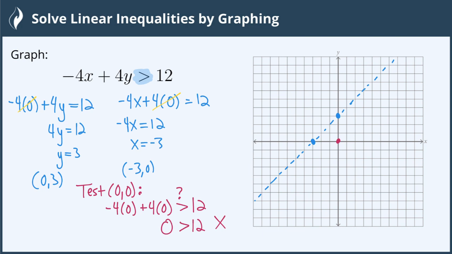Because it is a false statement, we cannot shade on the side of 0, 0. So that means we need to shade on the other side. In this case, that means that since 0, 0 is below the line, we're going to shade above the line.